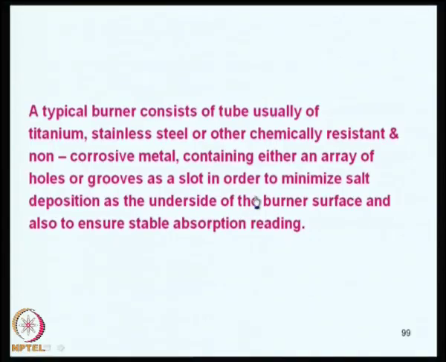In a laminar flow, the absorption path can be about 5 to 6 centimeters, and then you get good atomic absorption data. A typical burner consists of a tube usually made of titanium, stainless steel or other chemically resistant material. It should be non-corrosive.